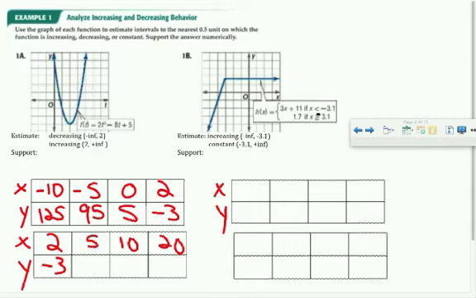So plugging in 5 for x, I have 2 times 5 squared minus 8 times 5 plus 5, that's 15. Plugging in 10, I have 2 times 10 squared minus 8 times 10 plus 5 is 125.